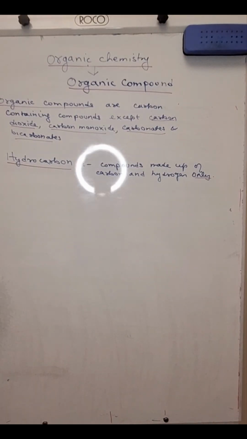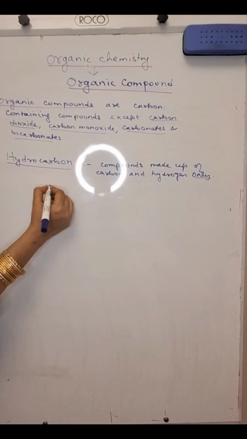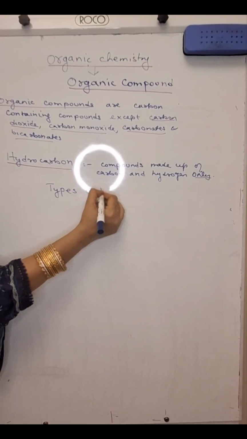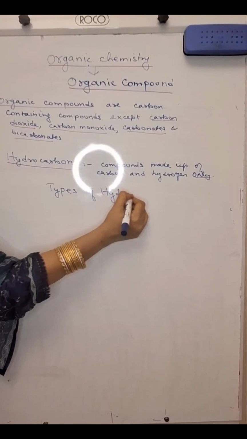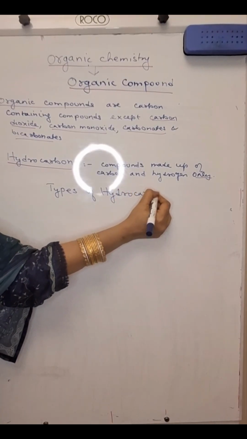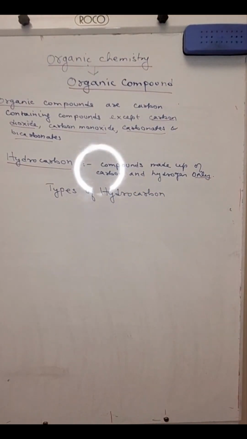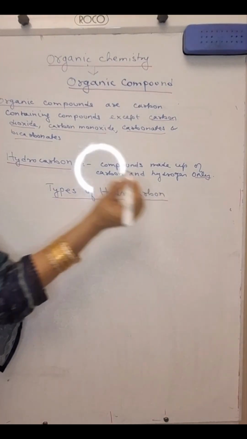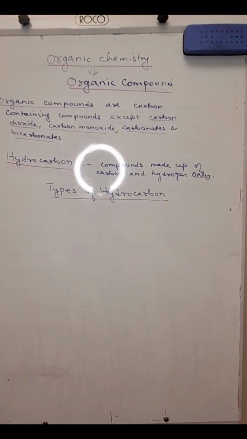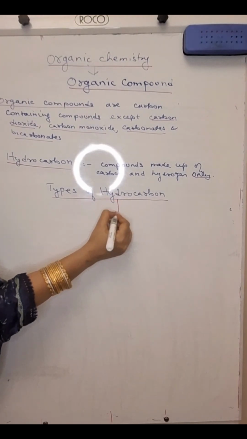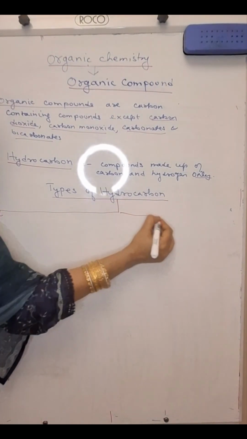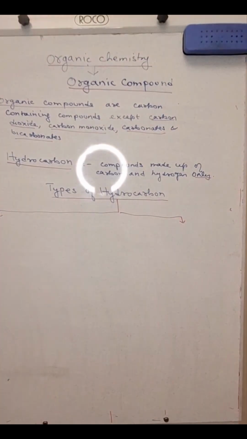The next thing we need to understand is types of hydrocarbon. Okay, so here in types of hydrocarbon, broadly we will classify hydrocarbon into two categories. What are they?